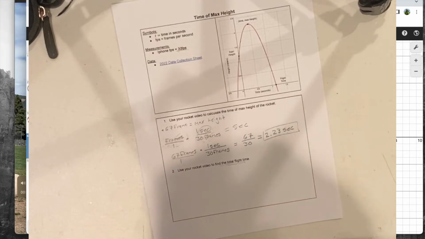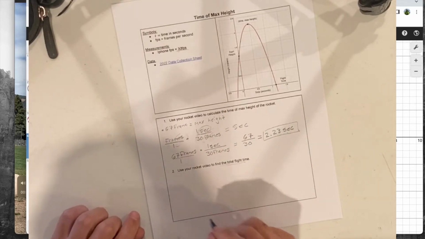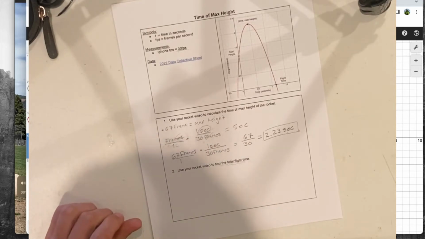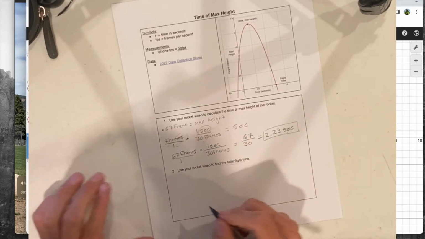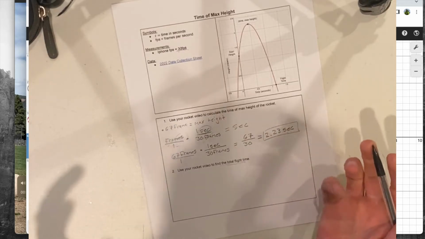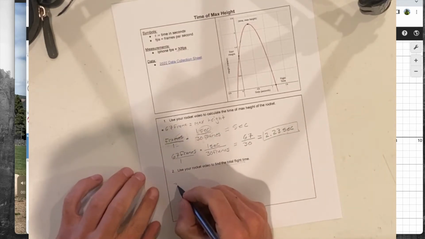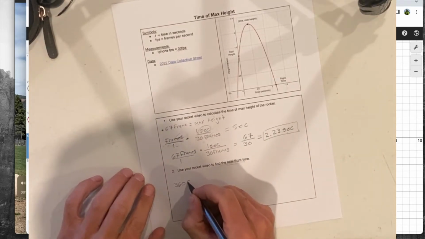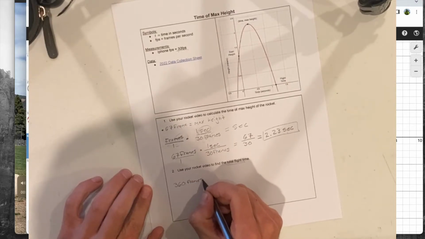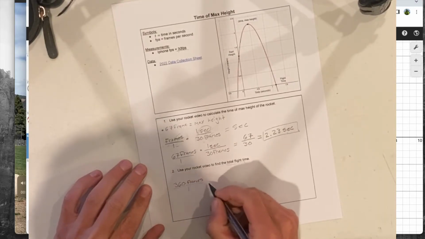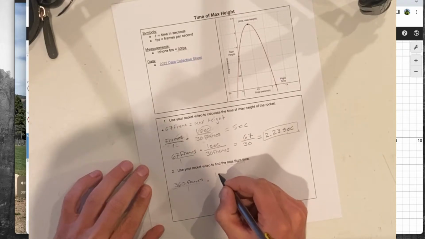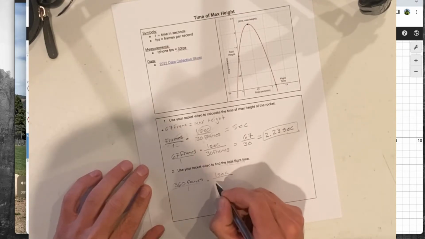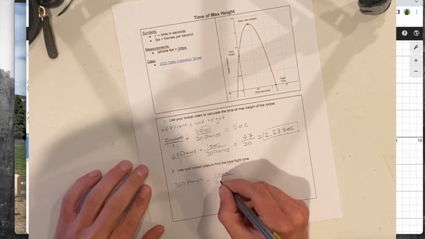All right, so after watching the video, I counted 360 frames for the total duration of the flight. And so I'm going to do the same thing I did earlier. I'm going to take 360 frames, and I can put that over 1, times 1 second over 30 frames.